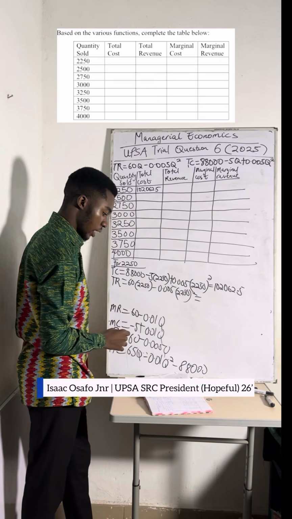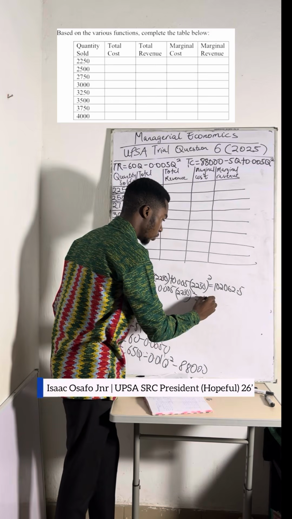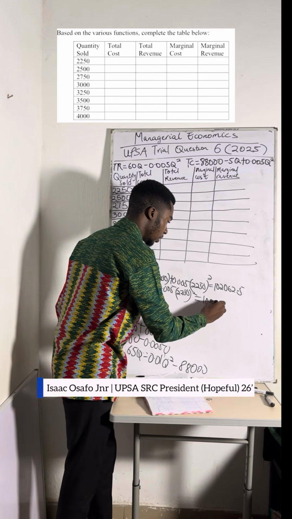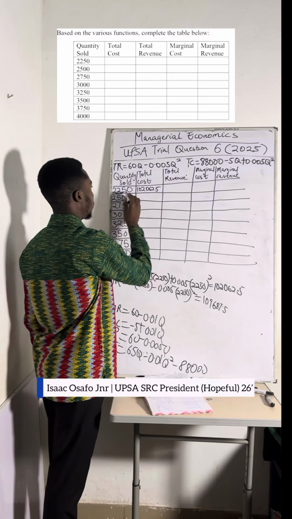And when we do this as well, we should be getting 109,687.5. So that's the value for the total revenue for 2250.